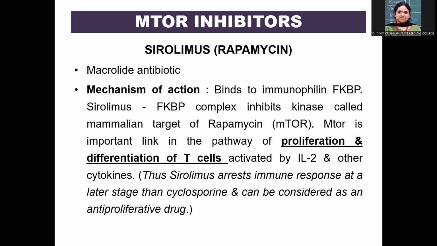So we can say that sirolimus arrests the immune response at a later stage than cyclosporin. Cyclosporin is at a very initial stage; it prevents the activation of T cells itself, but this one is at a later stage. It is not inhibiting the activation, but it is inhibiting the further proliferation and differentiation of T cells. So in fact, this drug can be called an anti-proliferative drug.